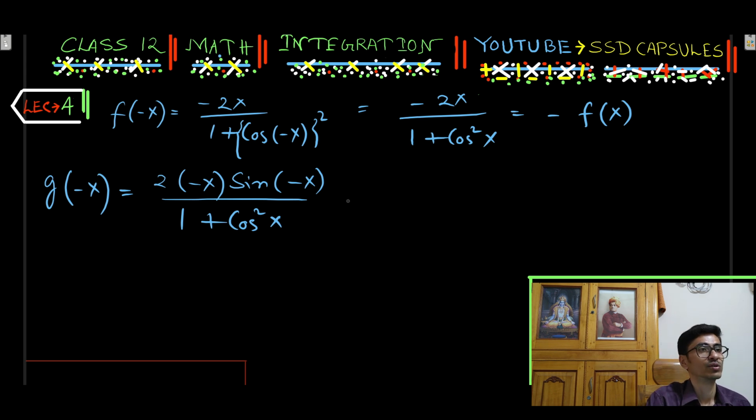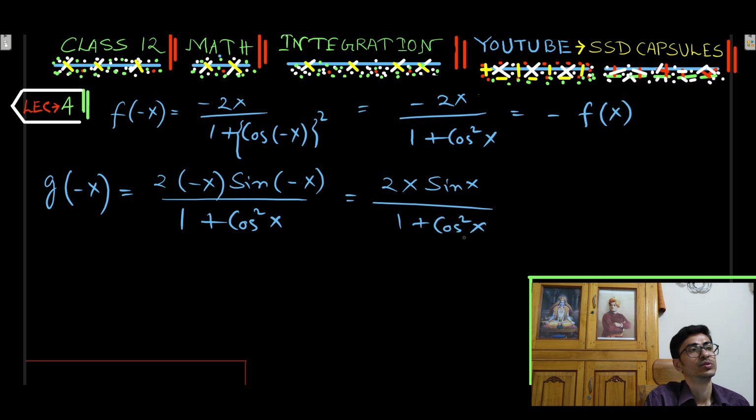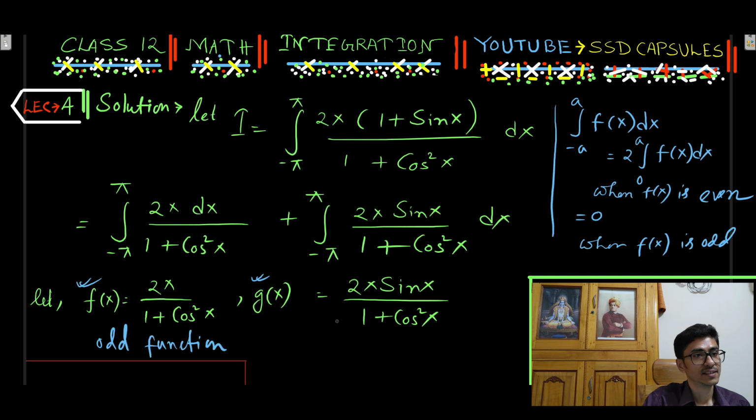So here 1 plus cos square x. But we know that sin of minus x is minus sin x. So minus times minus, it becomes 2x sin x by 1 plus cos square x, equal to g(x). So here g(x) is an even function.